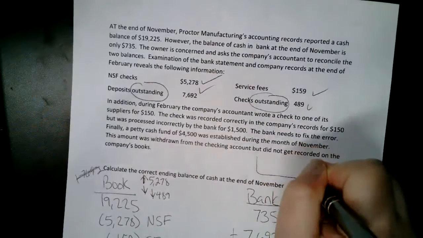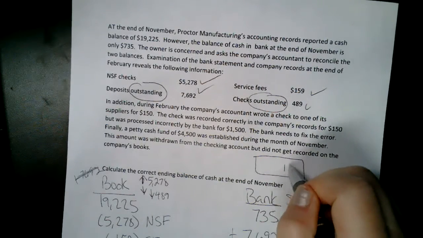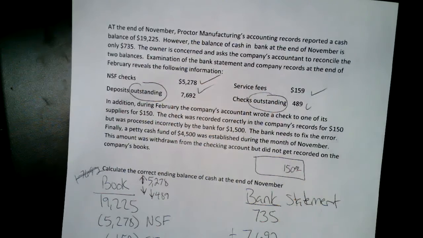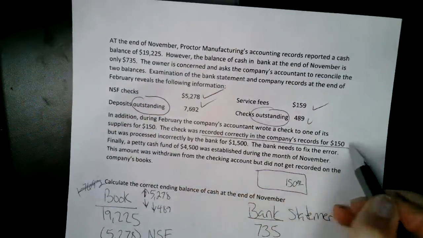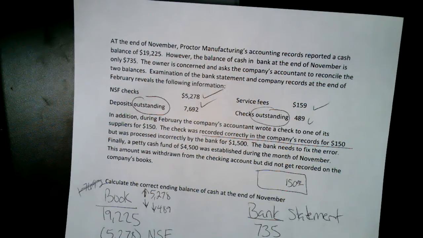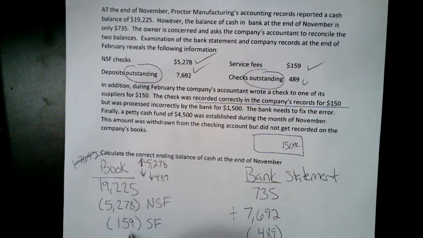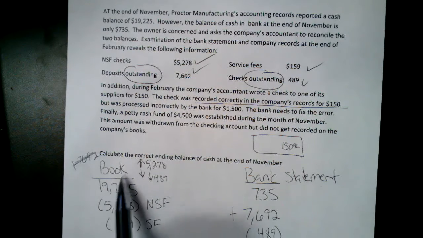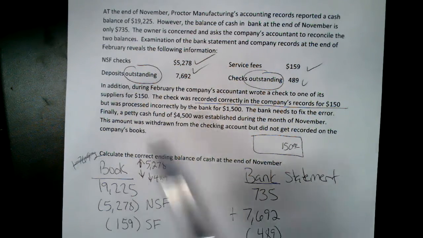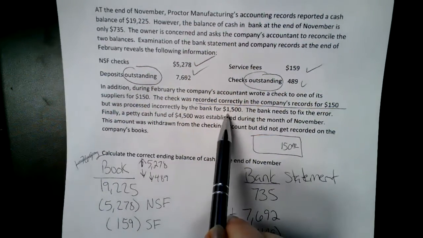I think it's helpful to kind of picture the actual check. It says the company wrote a check for $150, and it says they recorded it correctly in the company's records. That right there tells me the error is not on the company's side. I don't need to do anything here. We already reduced our records by $150 when we wrote it. But the bank incorrectly processed it for $1,500.